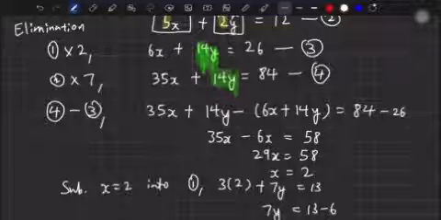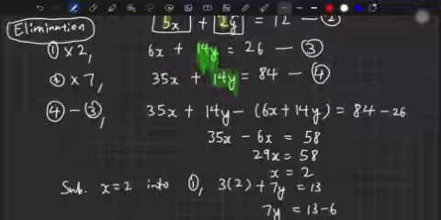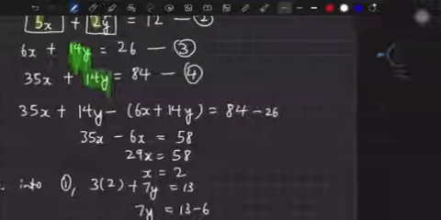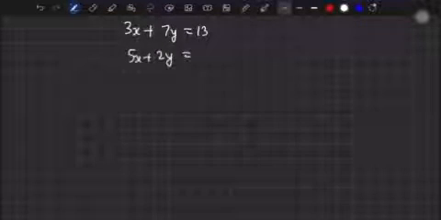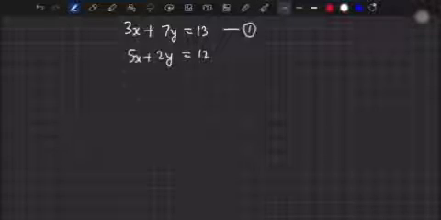But if any student didn't master the appropriate way of doing simultaneous equations and decides to use substitution, he or she will end up dealing with fractions, which is very difficult to do. Let's take a look if I use substitution to work out this question. Same question, 3x plus 7y equals 13, 5x plus 2y equals 12.